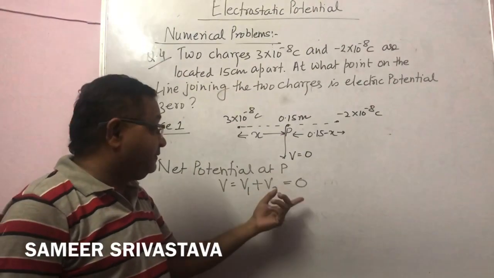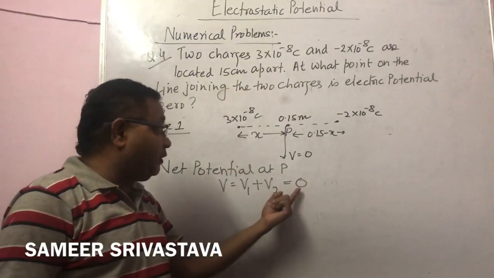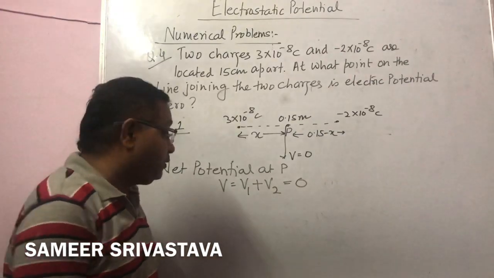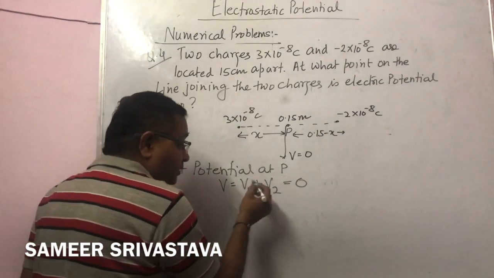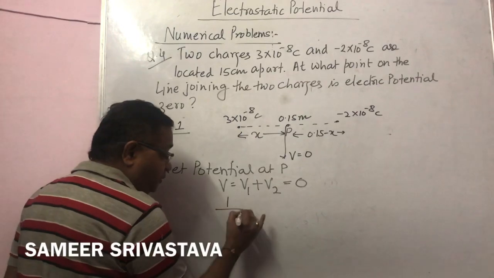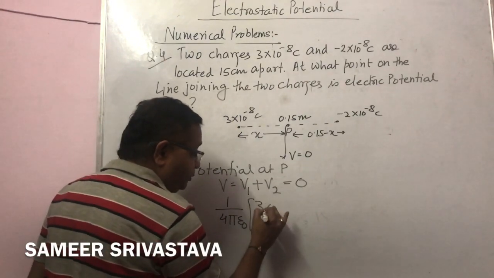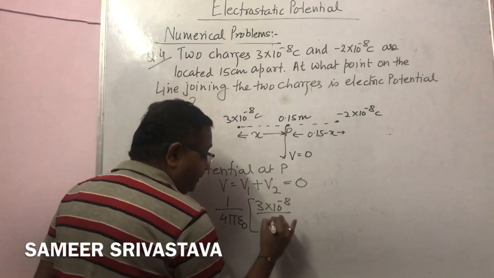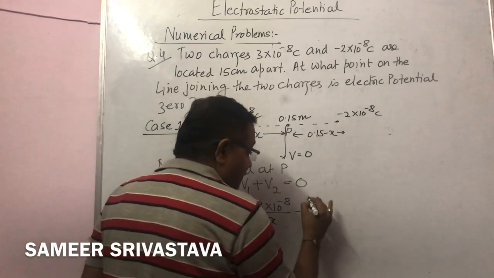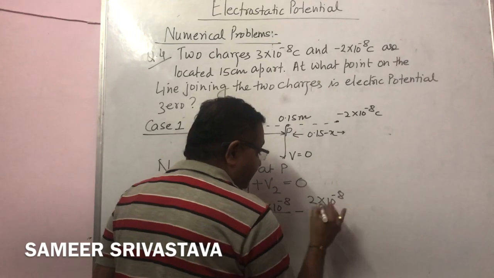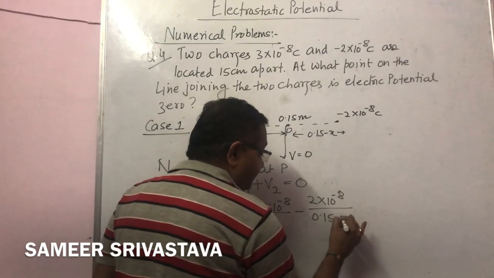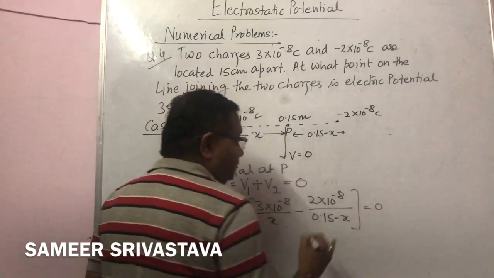The question says we have to find the point at which the net potential will be 0. So we put total V equal to 0. Now put the value of V1 plus V2. 1 upon 4 pi epsilon naught is common. 3 into 10 to the power minus 8 upon x minus 2 into 10 to the power minus 8 upon 0.15 minus x equal to 0.